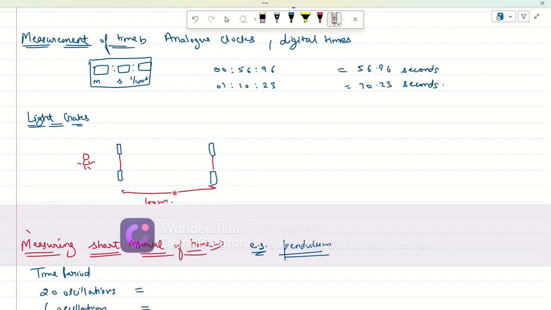An infrared ray passes between these two gates. When the athlete enters this region, he will interrupt the signal. The moment he interrupts the signal, since the light gates are connected to computers, the timer will be switched on. When the athlete interrupts the signal of the second light gate, the timer will be switched off, and this is how time can be noted.